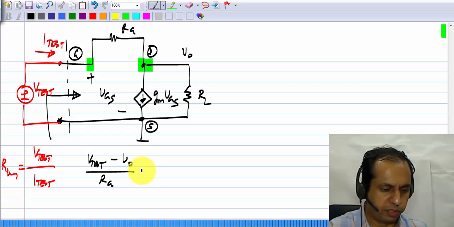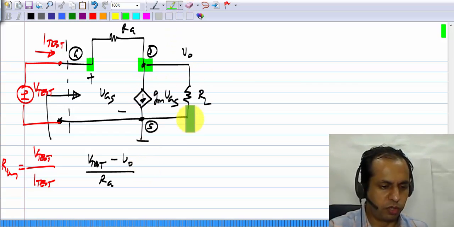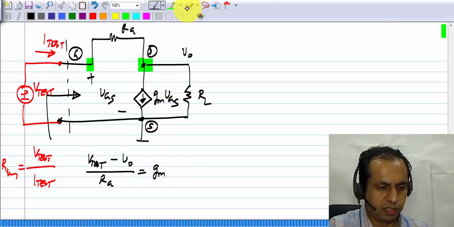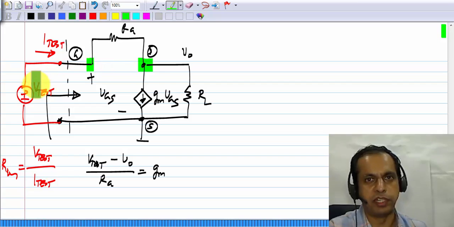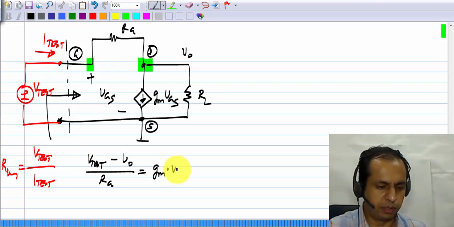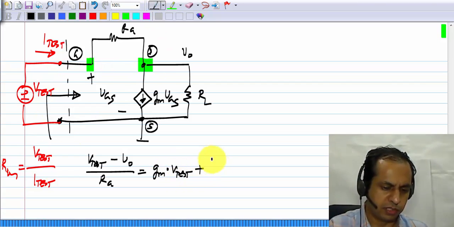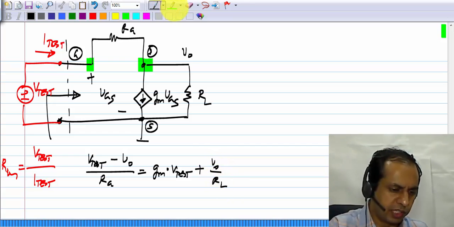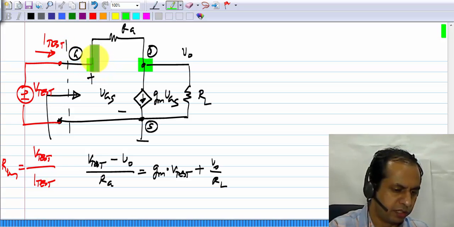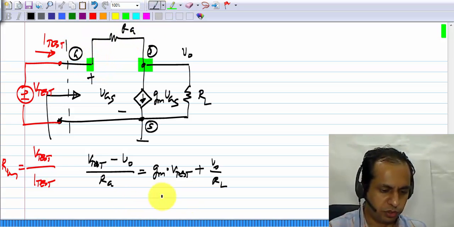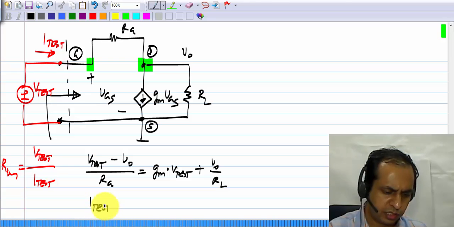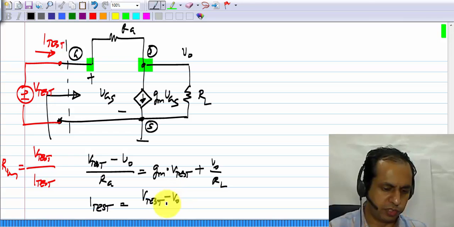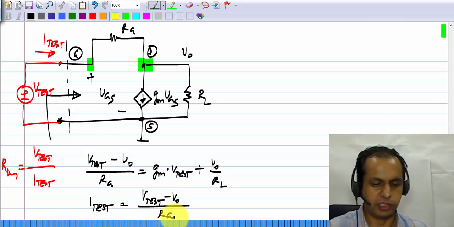And that current will be equal to the current that is flowing out of here, which is gm VGS. And you see that VGS is exactly the same as Vtest in this case. So it's gm times Vtest plus VO by RL. And you also see that this current Itest here is nothing but the current flowing through RG. So Itest equals (Vtest minus VO) divided by RG.